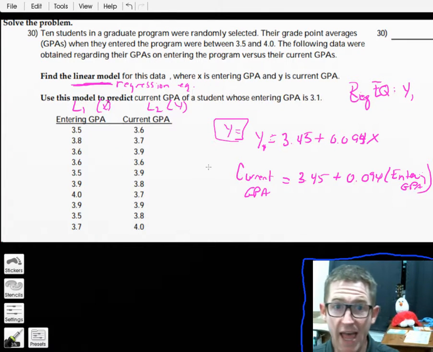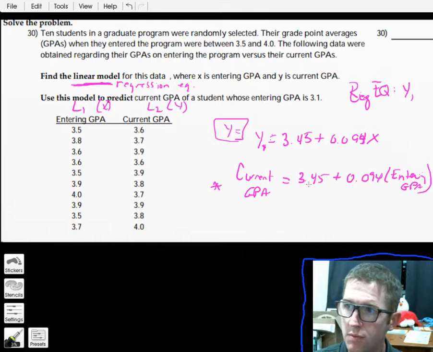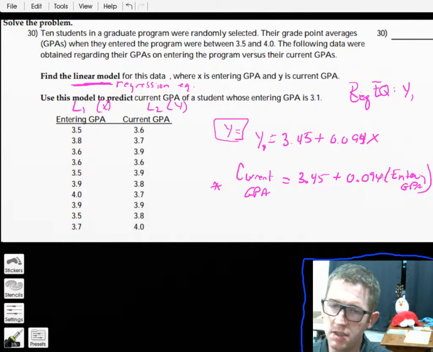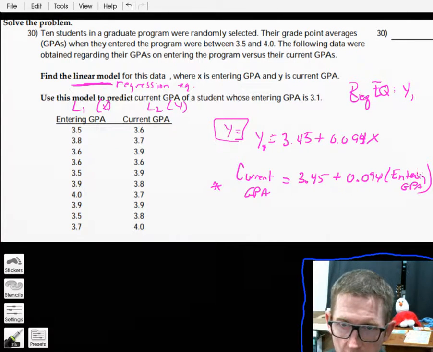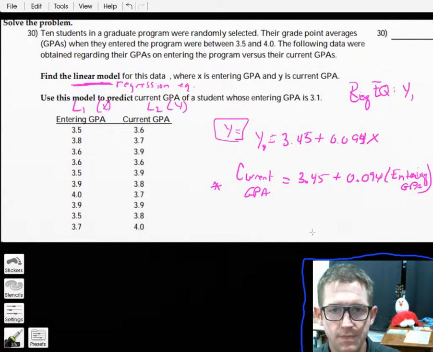All right, so that is your linear model right here. Current GPA equals 3.45 plus 0.094 times entering GPA. Okay, so you have to write that whole thing. Hopefully you're a little neater than I am. I should get better at this little tablet.